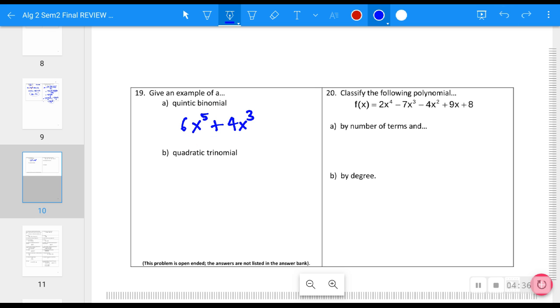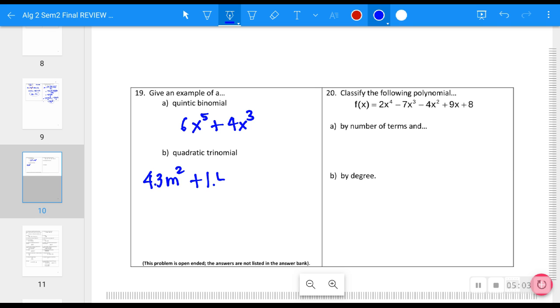Okay, a quadratic trinomial. The highest exponent has to have the second power on it. So I'm going to use a variable of m with the second power on it and put a 2 in front just to be fancy, or let's be really fancy, 4.3. But that's quadratic because of the squared that's on the m. Now, if I put anything higher, I have to put lower exponents from now on.